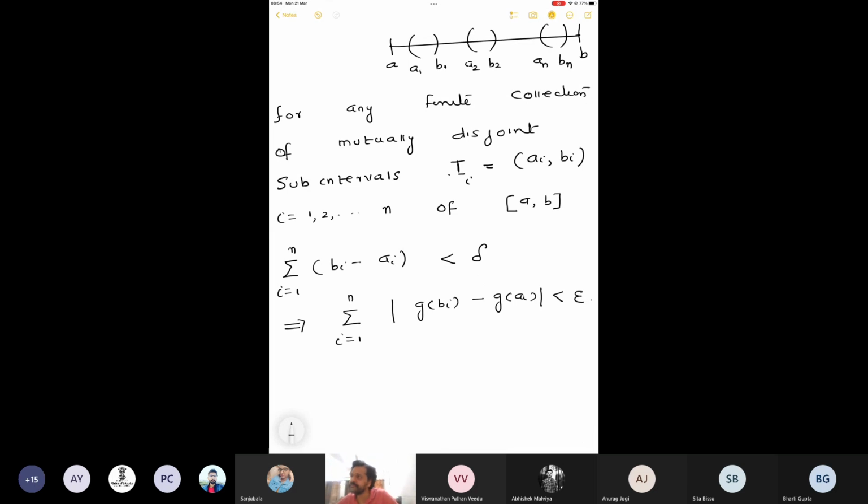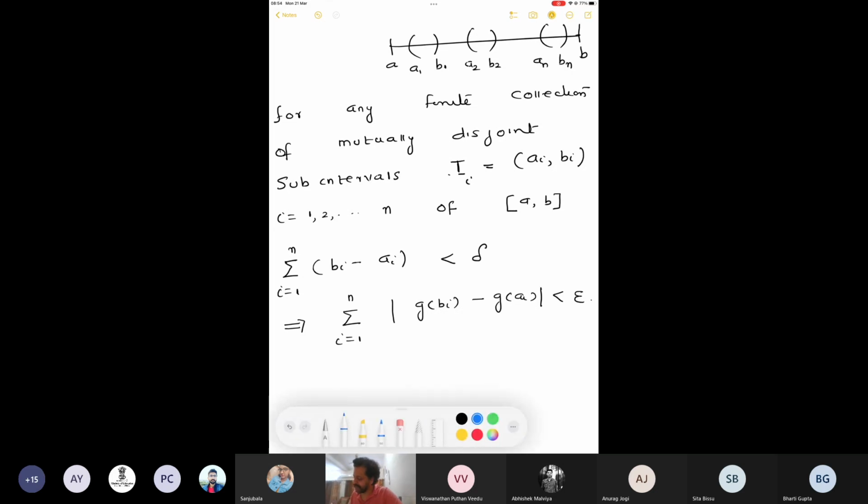Take n equal to 1. And suppose you consider your A1, B1 to be AB. Then b minus a less than delta implies modulus of g(b) minus g(a) is less than epsilon. Do you see that it is uniform continuity?